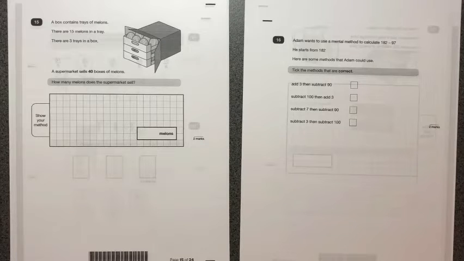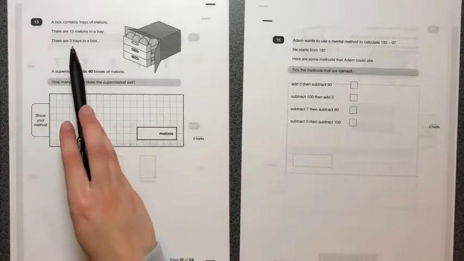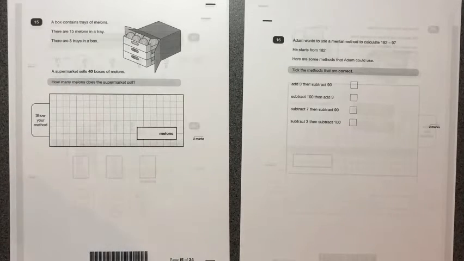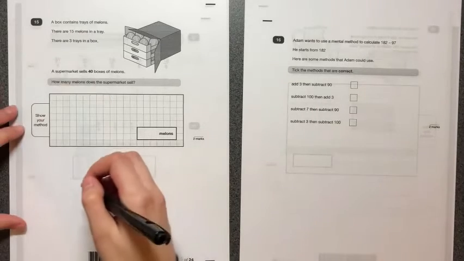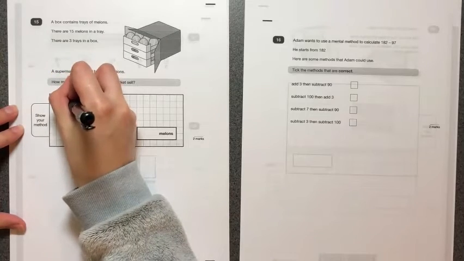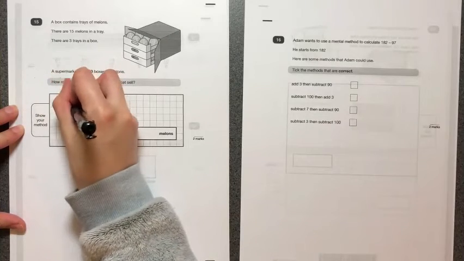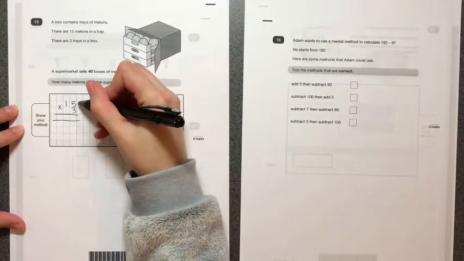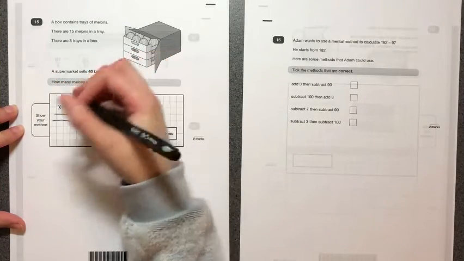Now, in one box, there are 3 trays, and in each tray there are 15 melons. So if we times 15 by 3, we can work out how many melons are in one box. 15 multiplied by 3. 3 times by 5 is 15.